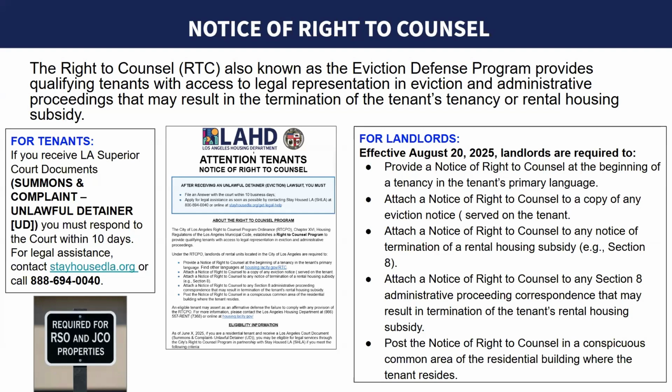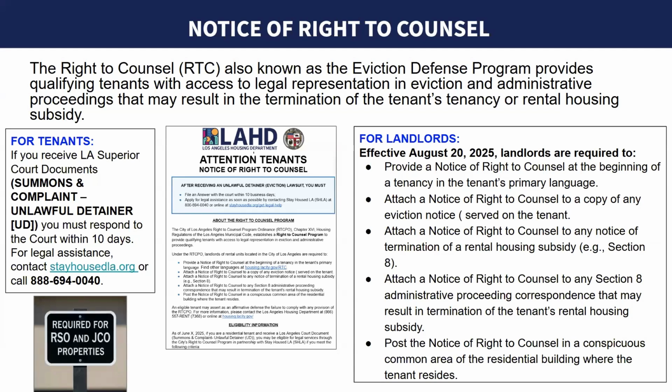For landlords, effective August 20th, 2025, landlords are required to provide a notice of right to counsel at the beginning of a tenancy in the tenant's primary language. Attach a notice of right to counsel to a copy of any eviction notice served on the tenant.